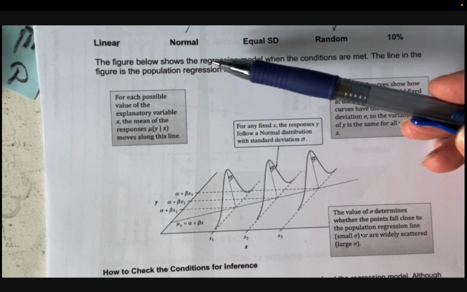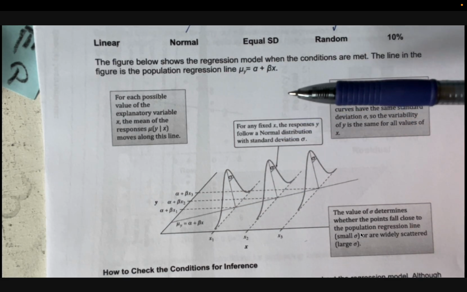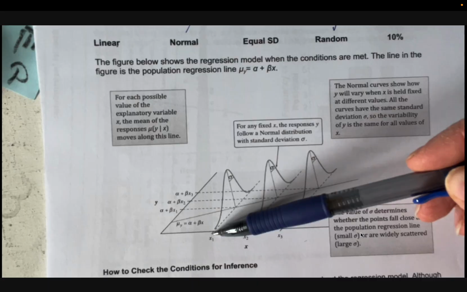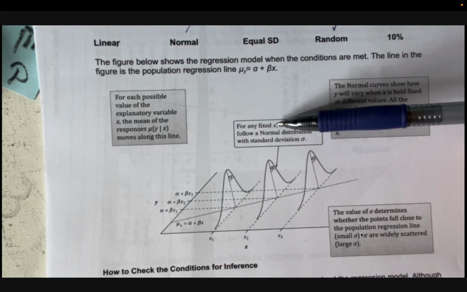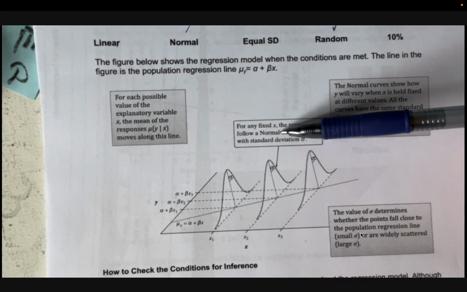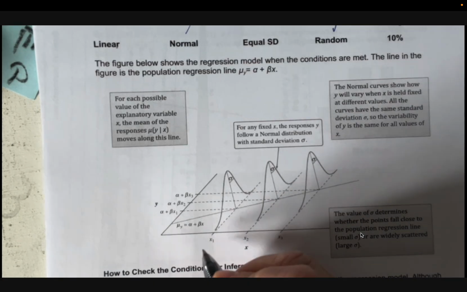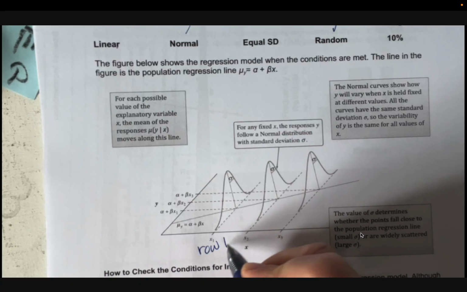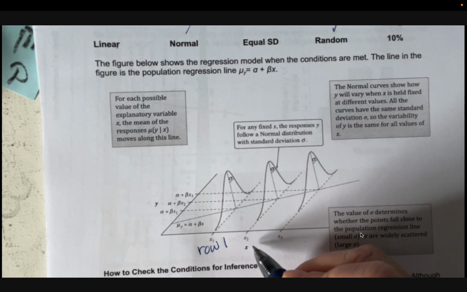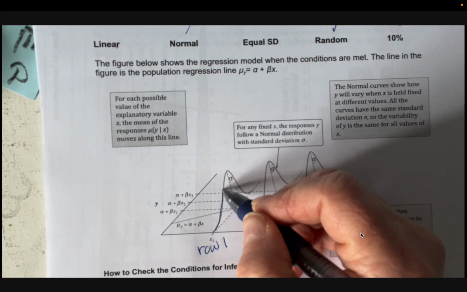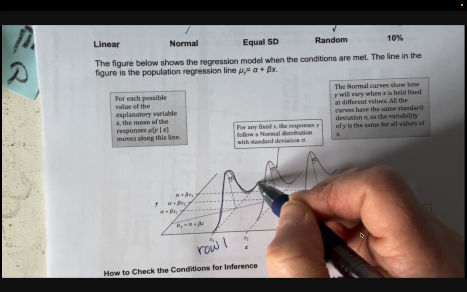The normal check means that for any given value of X, the responses follow a normal distribution with a certain standard deviation. So think about the data that we started off with. If this was row 1, the Y's are all the test scores that you could have for row 1.